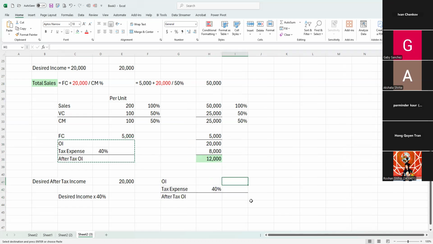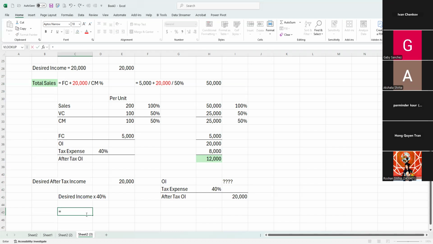So I want to see 20,000 here. The question is, how much do I have to see here, knowing that my tax expense is 40% of this amount? So if I get the desired income, which is 20,000, multiply by 40%, I'm going to get 8,000.